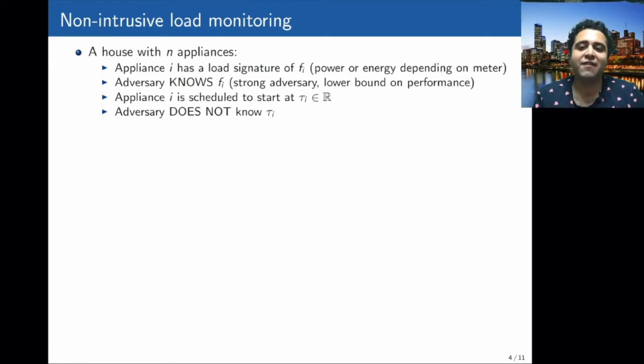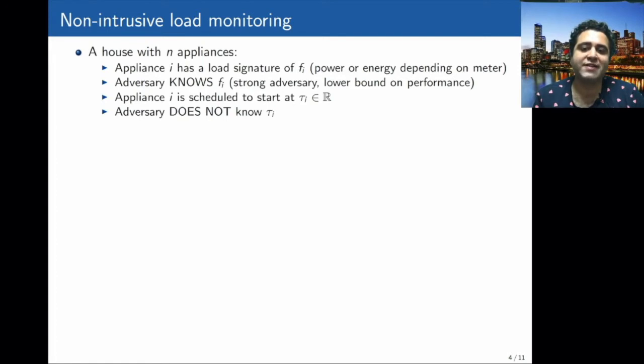Now we are assuming a very strong adversary that knows this load signature for different appliances. If we have weaker adversaries, we can think of the bounds that we derive in this paper as being lower bounds on the performance of those weaker adversaries. They can't be any better than this strong adversary, certainly.